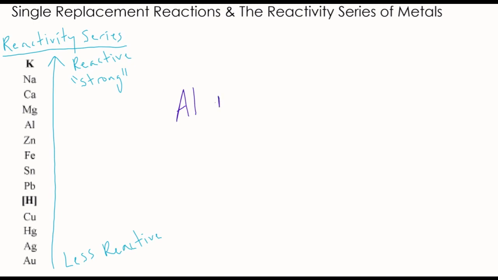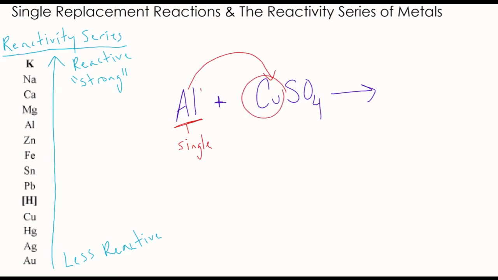We will have aluminum reacting with some copper sulfate. Okay, so aluminum's by itself. So aluminum is going to be doing the attacking. Okay, right? This is the single part of the single replacement. So aluminum attacks copper. Look at the chart. Where are they on our reactivity chart? We have aluminum and we have copper.